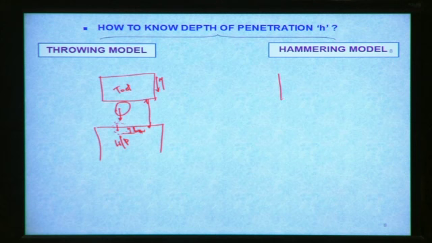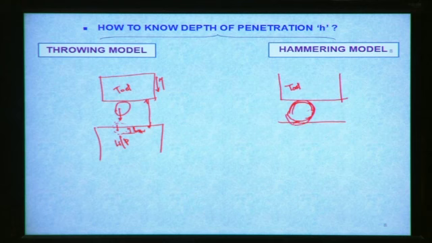Another model: there is the tool here, this is the abrasive particle here, and this is the workpiece. In this case, the distance between the bottom surface of the tool and the top surface of the workpiece is less than the diameter of this abrasive particle.